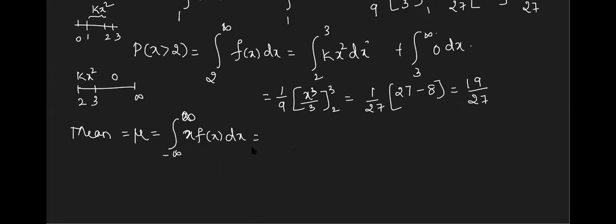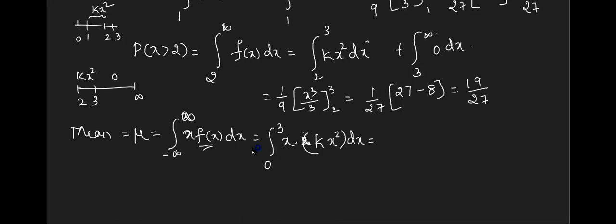But again here, this function f of x is non-zero for what limits? 0 to 3. Correct. What is my f of x defined in between 0 to 3? Kx square only, right?